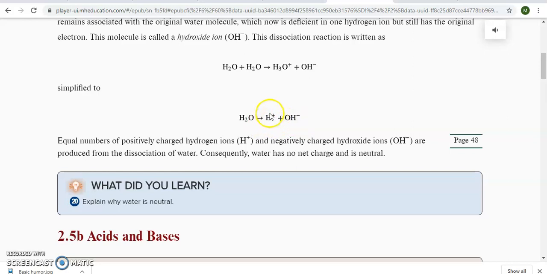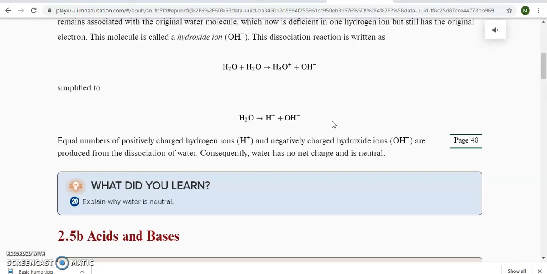So it's going to have one hydrogen ion and one hydroxide ion. So since it has equal amounts of hydrogen to hydroxide, it is considered neutral. Or another way to express that is it has a pH of 7 on our scale of 0 to 14.